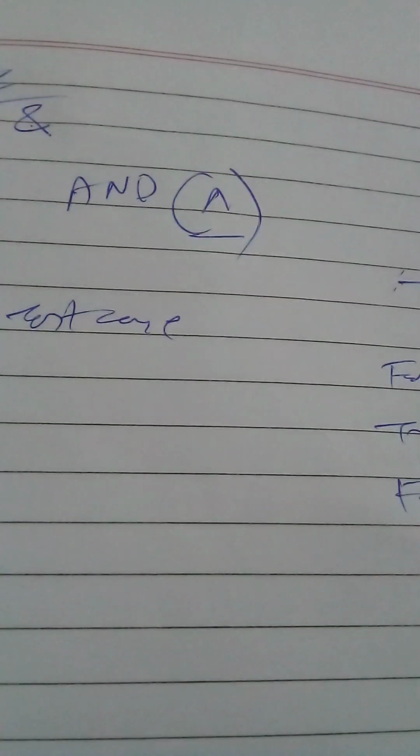So in AND, the outputs will be... Now, you made a column there? Okay, I'll also make a column. This is something which you have to refer to when writing also. This is your table that you have to form whenever you are writing a solution. Okay, got it.